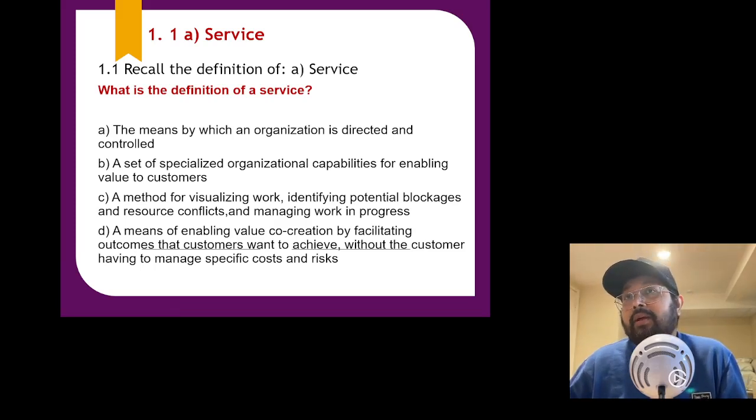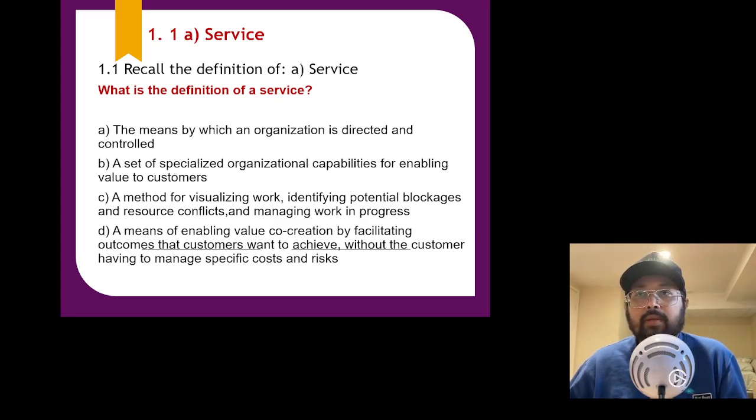So here is the question from the real test. In the real test you will see this type of question. The question is, what is the definition of a service? Just now we read the definition of service. So let's see what the options are. Number A, the means by which an organization is directed and controlled. No, that is not service. Number B, a set of specialized organizational capabilities for enabling value to customer.